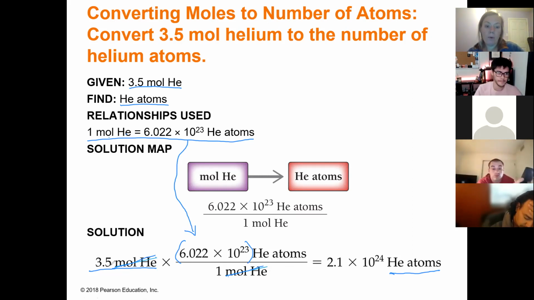So 3.5 times this 6.022 times 10 to the 23rd, you should get 2.1 times 10 to the 24th. If you're not getting that on your calculator, something has gone awry, some exponent has been put in incorrectly, or you've doubled up on exponents. We just want to make sure that we can get that.